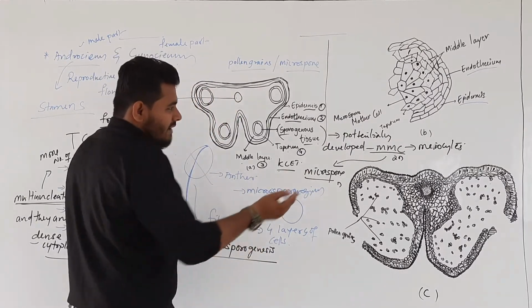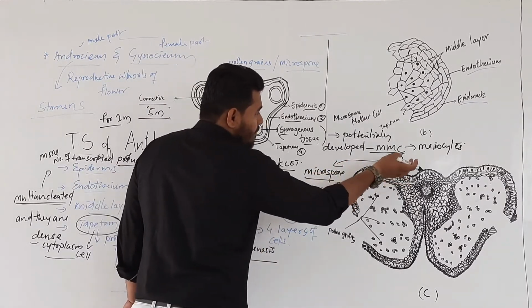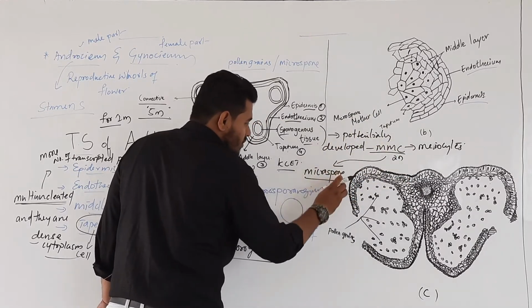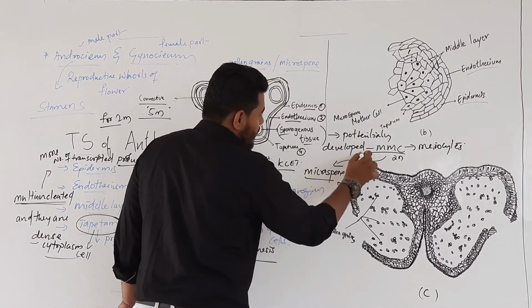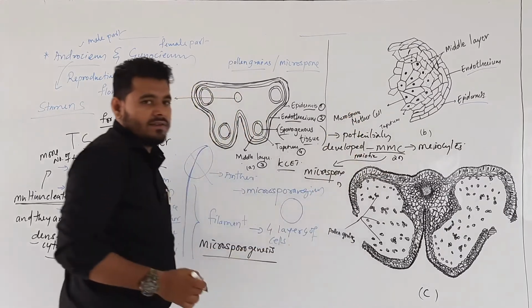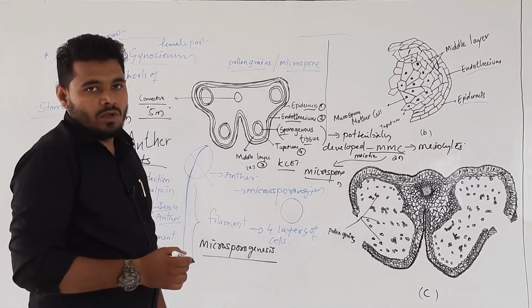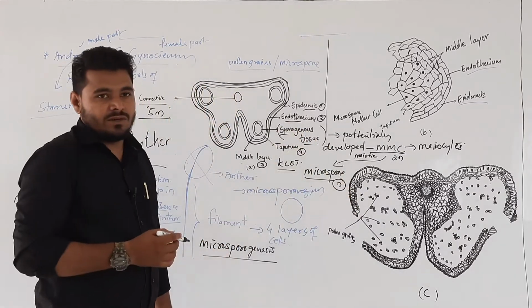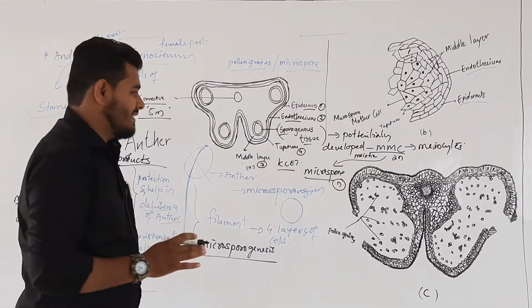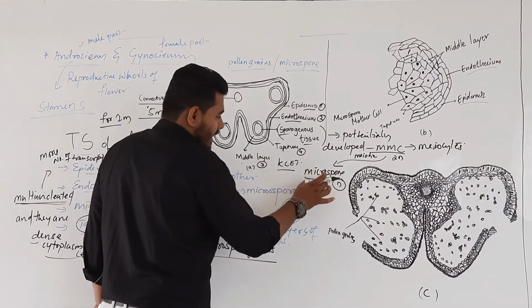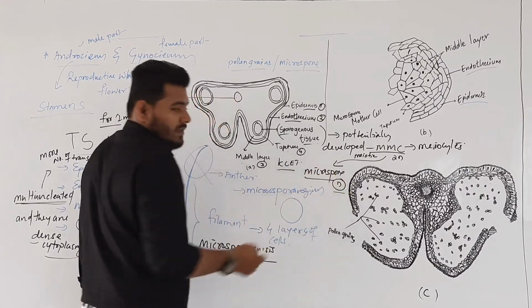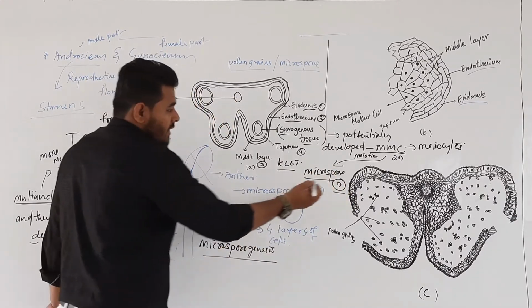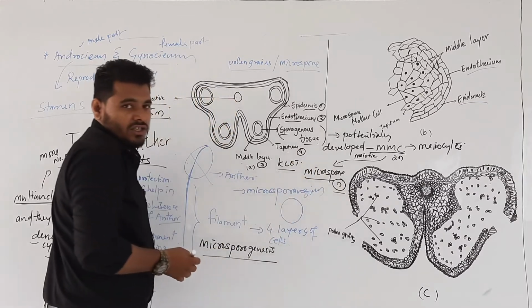In the last class we discussed that whenever a diploid cell divides to produce haploid cells, there should be a meiotic cell division, because microspores are always in this condition. It is a statement: all these gametes must be in this haploid condition.